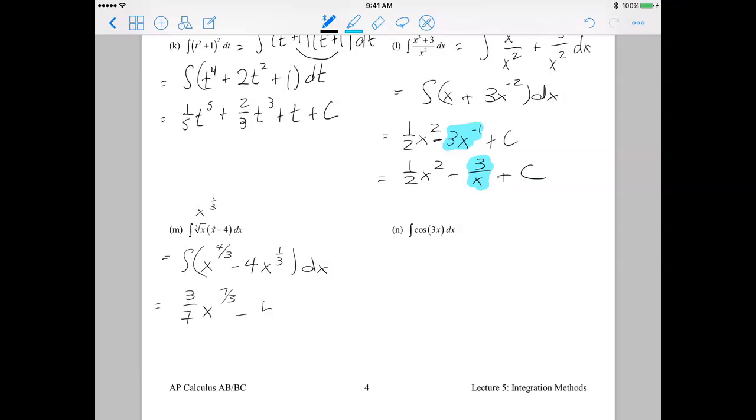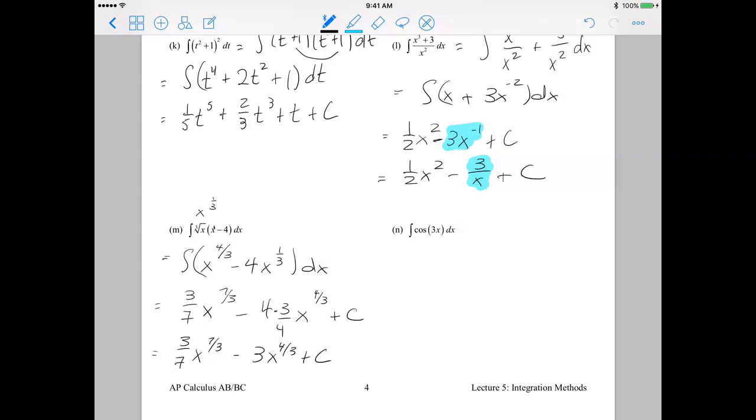Okay, minus 4, and then x to the 1/3 plus 1, well, that's going to end up being 4/3, and then divided by 4/3 is the same thing as times 3 over 4, plus c. And so if I were to clean up that middle term, my final answer is going to be 3/7 x to the 7/3 minus 3 x to the 4/3 plus c.